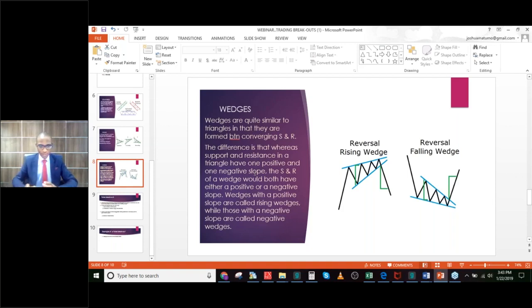Did you hear some jargon there? I know that can, especially for new traders, get them thinking a lot, but I'm just going to break it down for you as much as I can. So this is essentially the definition of wedges.